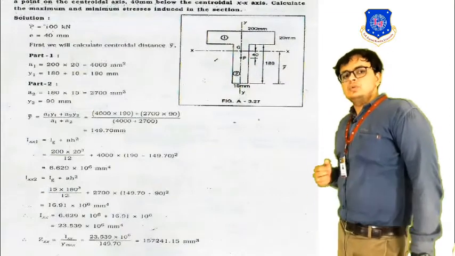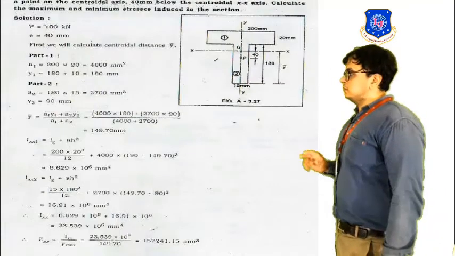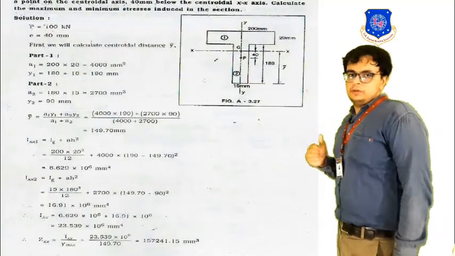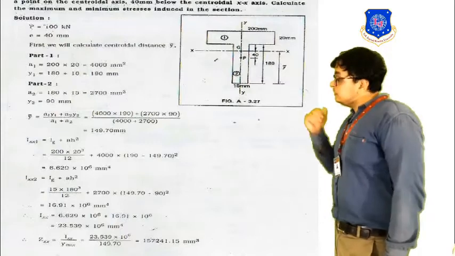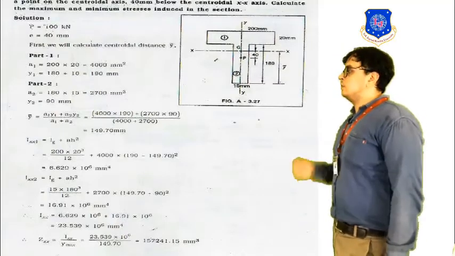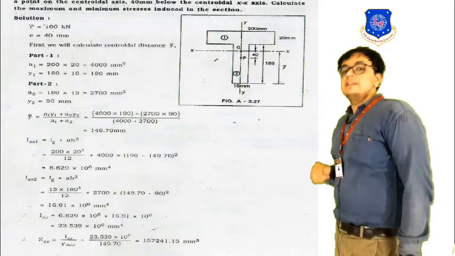Step number 2. Here we need to find the centroid for both the x-axis and the y-axis. We have to find the center. For that purpose, we need to get the area A1 and the centroid with respect to the bottom for all the members. The second step is to find the centroid.